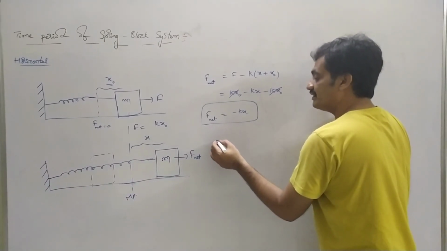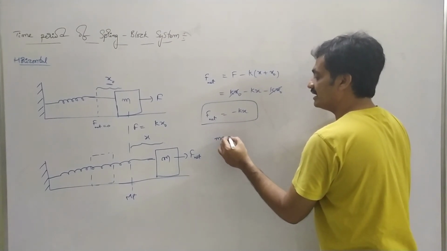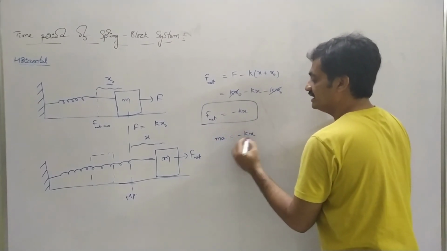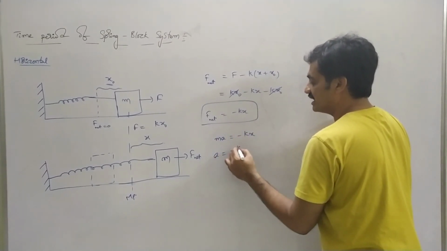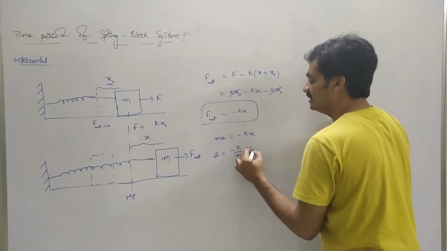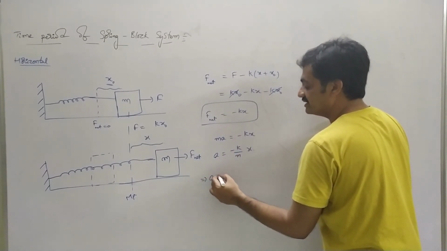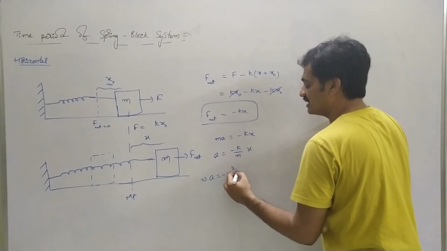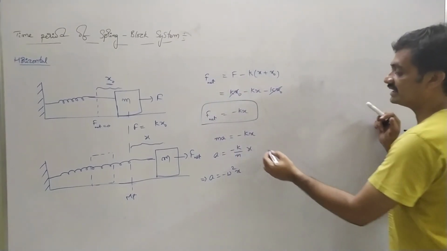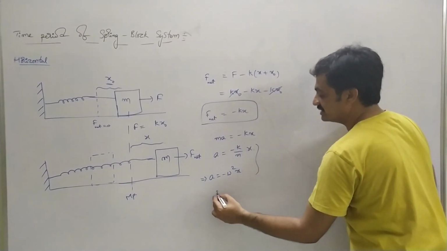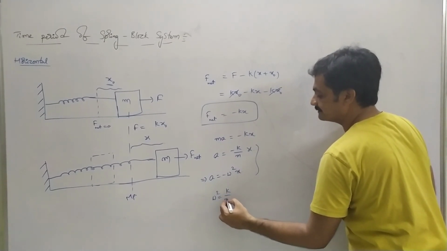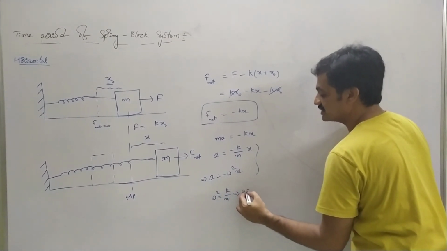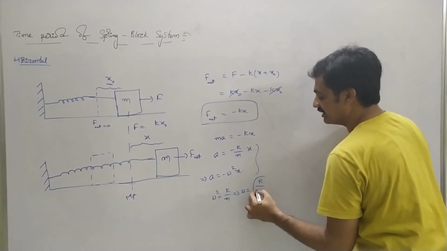As we know that F net is equals to ma equals to minus kx, here we have a is equals to minus k by m into x. By comparing this equation with a is equals to minus omega square into x, we get omega square is equals to k by m. Then omega equals to under root of k by m.